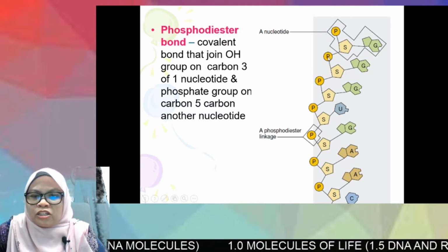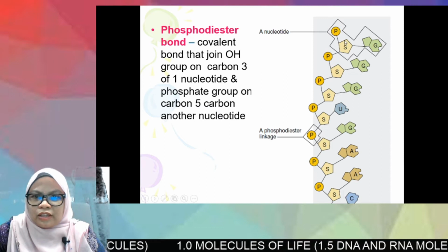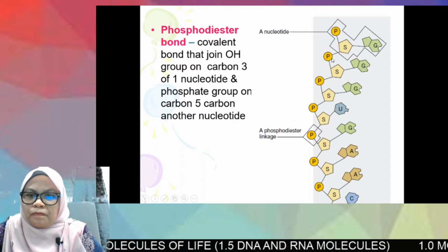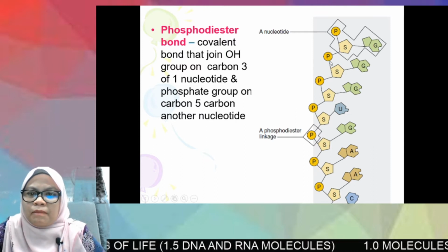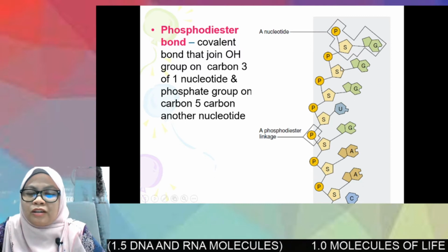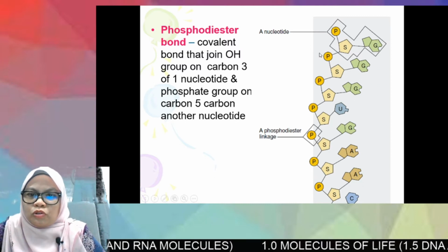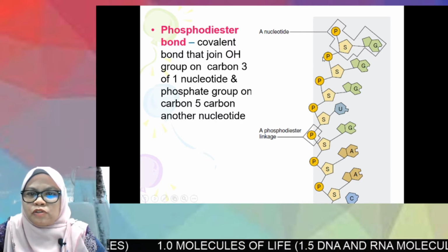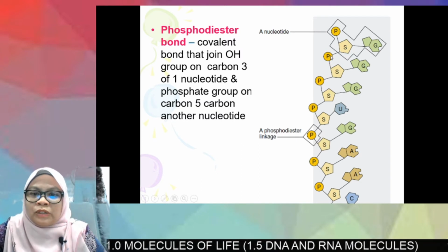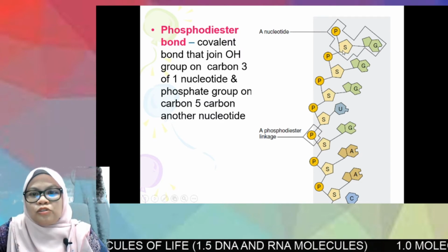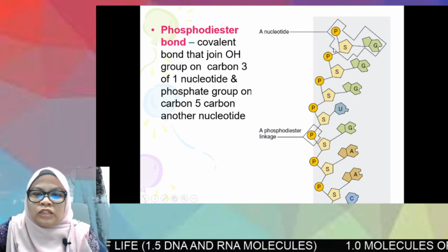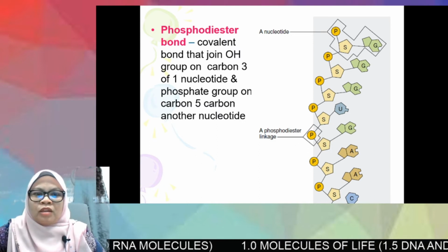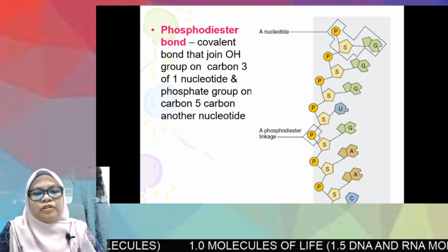The phosphate group will attach to carbon number 5 in the pentose sugar within the nucleotide, 1, 2, 3, 4, 5. So carbon number 5 is attached with the phosphate group, and this phosphate group will attach to carbon number 3 of the next nucleotide. The attachment forms a bond called the phosphodiester bond, or linkage.